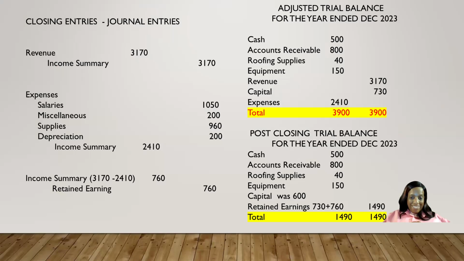I want you to realize that you move from the adjusted trial balance, you do your closing entries, then you do your post-closing trial balance. We are going to see you next class, and we're going to practice closing out all of these trial balances.